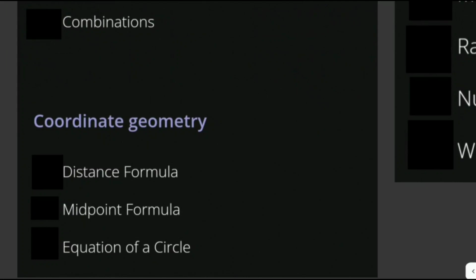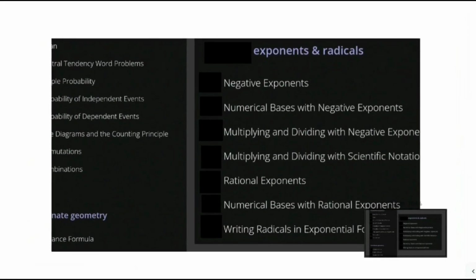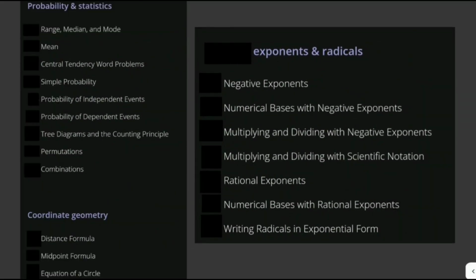And for coordinate geometry, you need to know the distance formula, midpoint formula, equation of a circle, and then also the exponents and radicals. So you need to review negative exponents, rational exponents, and numerical bases with rational exponents. I will discuss more in the next videos.